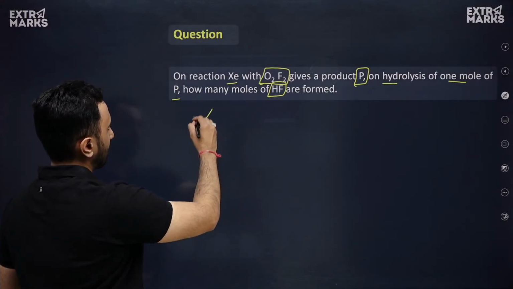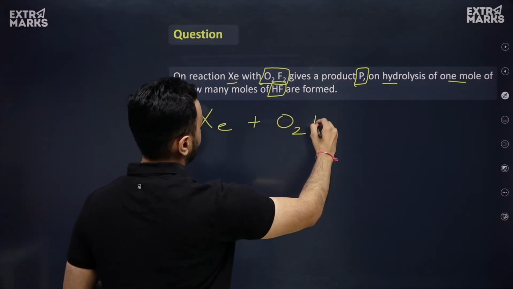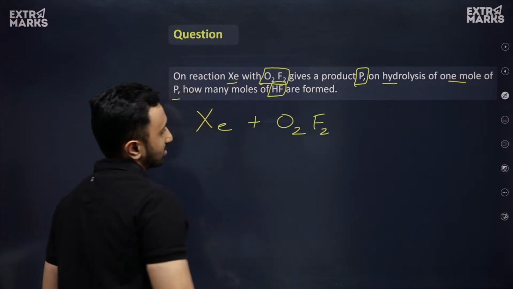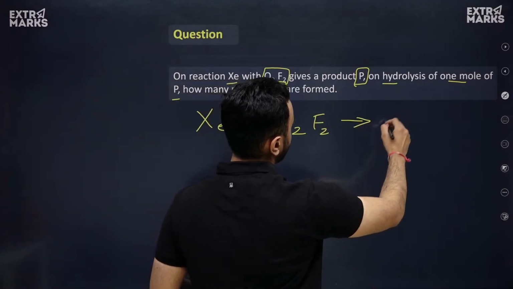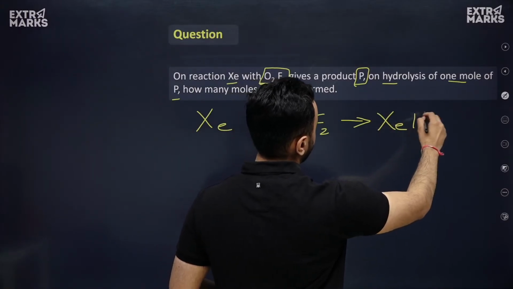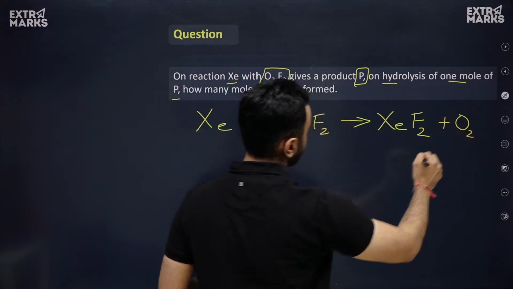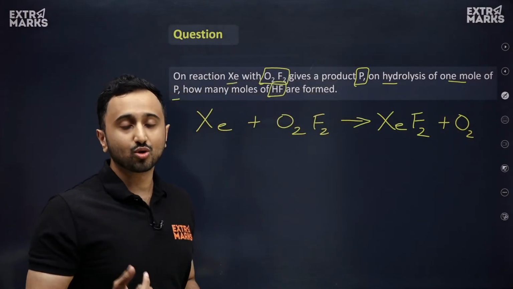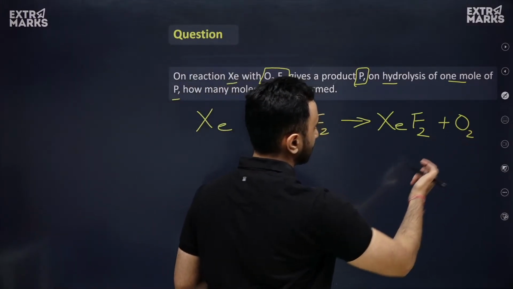So xenon is reacting with O2F2, and we know that on reaction it will form which compound? XeF2 and oxygen O2. Now we don't know what is P. It can be XeF2 also, it can be O2 also.